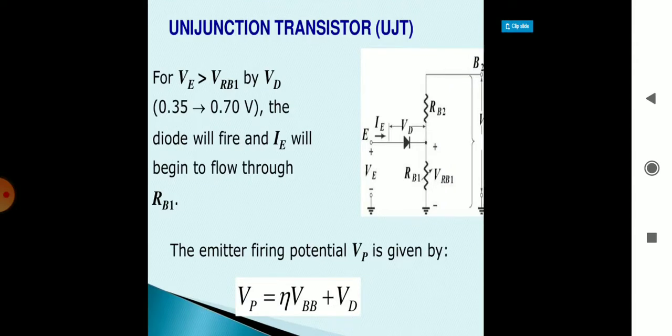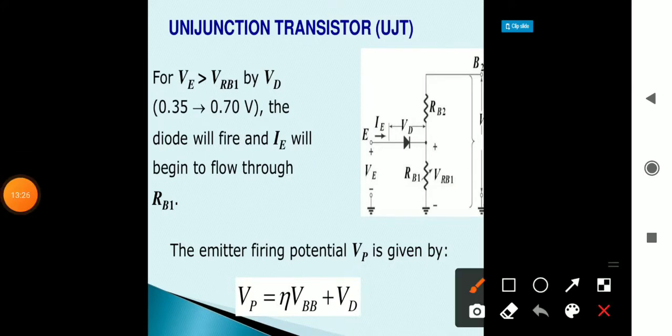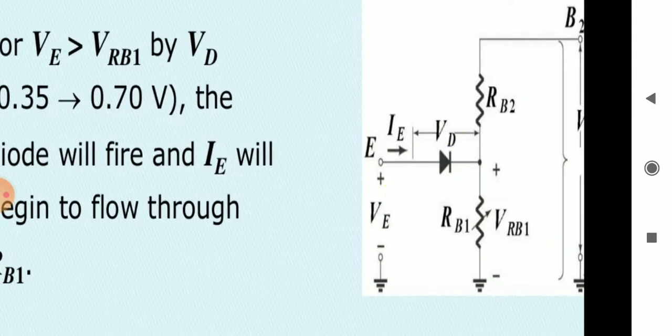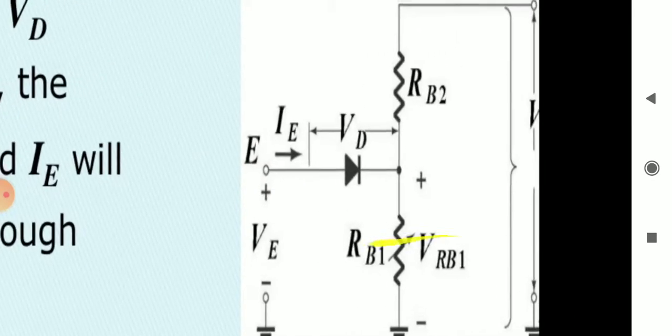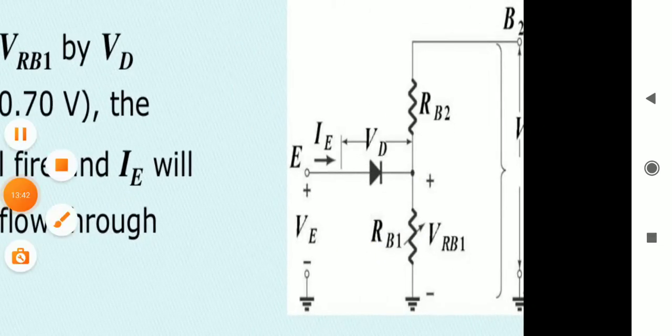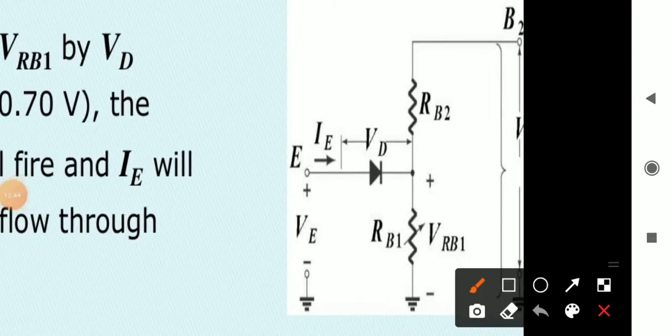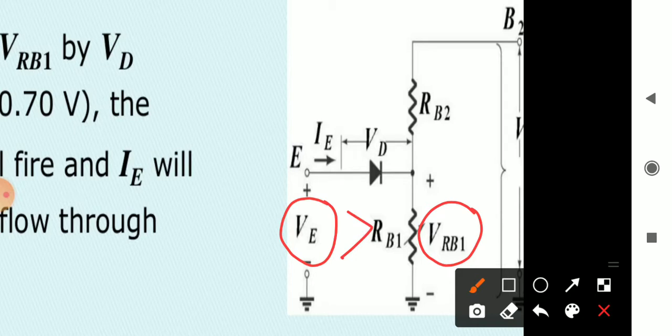Now for VE, suppose the supply voltage which we are supplying to the emitter, if this emitter voltage VE is greater compared to VRB1, what does it say? The anode side voltage of the diode is greater than the cathode side, no?